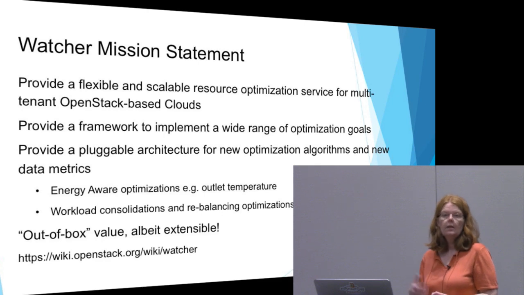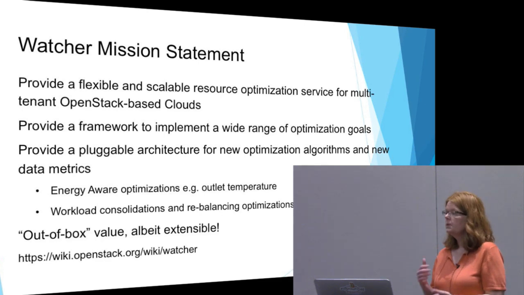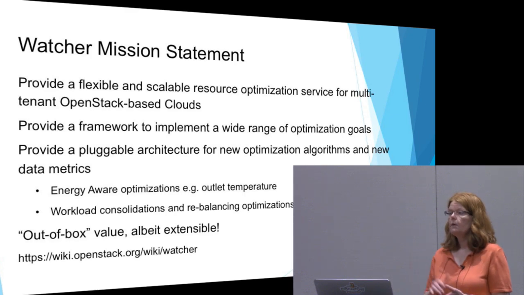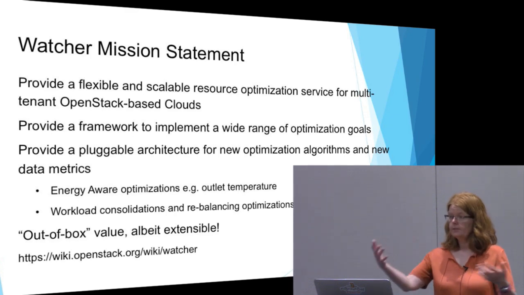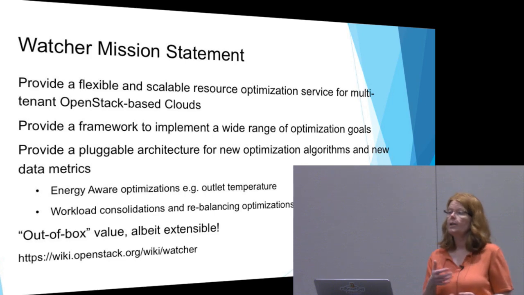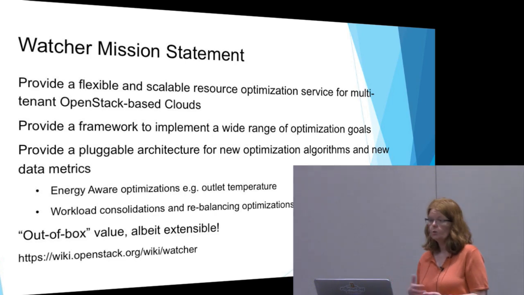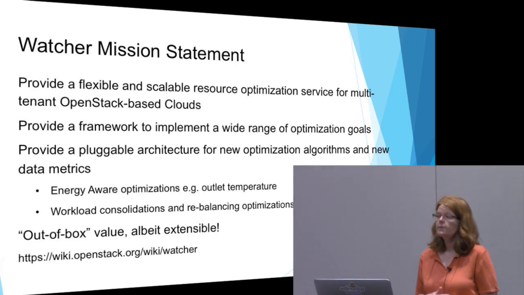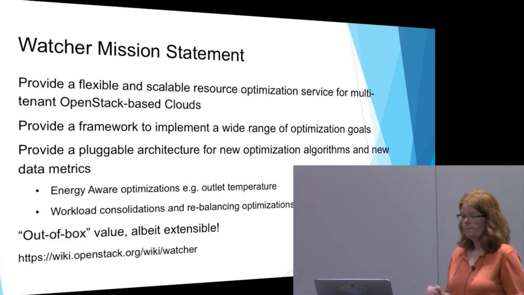Initial placement is still important, but you never know what kind of neighbor you're going to end up with later as the cloud gets filled up. And once you have a cloud that is pretty close to full, where do you place workloads so that they can meet the SLAs and the QoS? This is really where Watcher comes in.